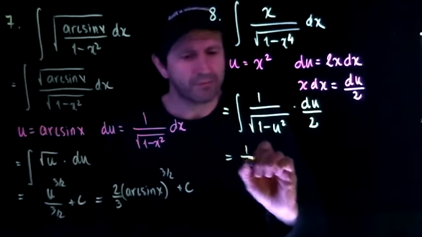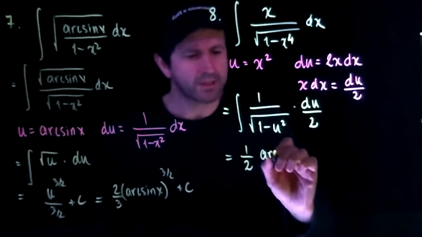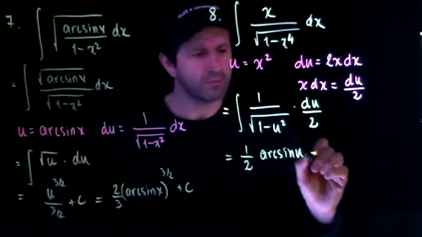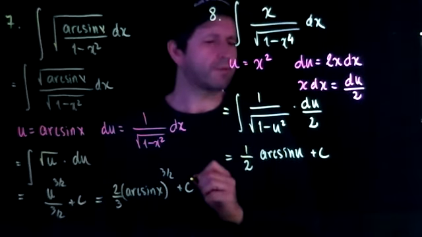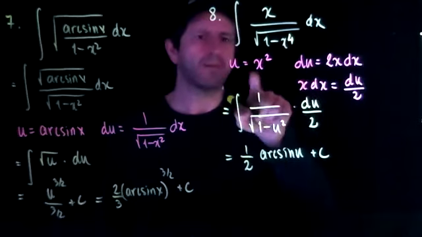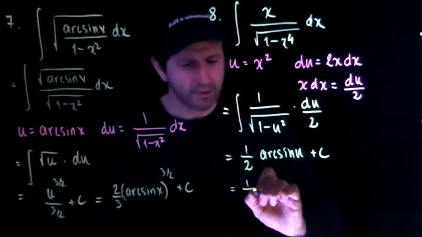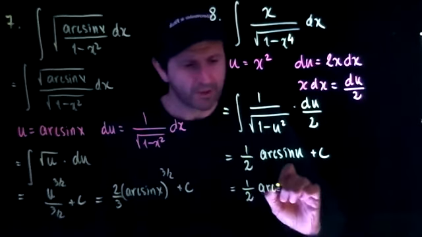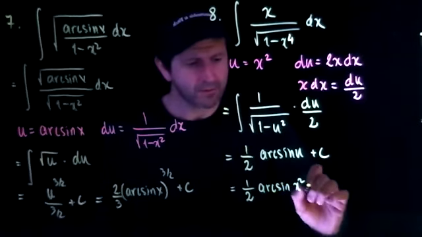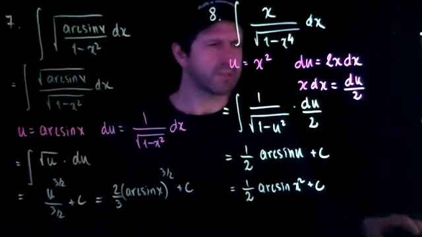So I have 1/2 times the arc sine of u plus c. And then I replace the u back by x2 and I'm done. So 1/2 arc sine of x2 plus c.